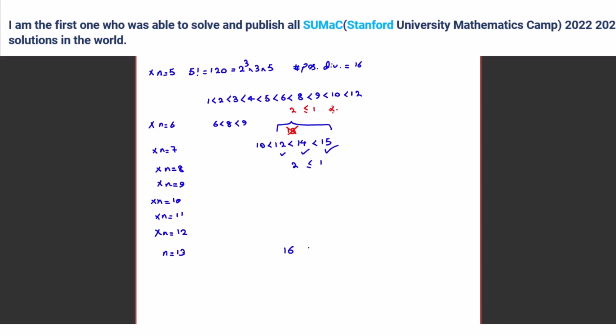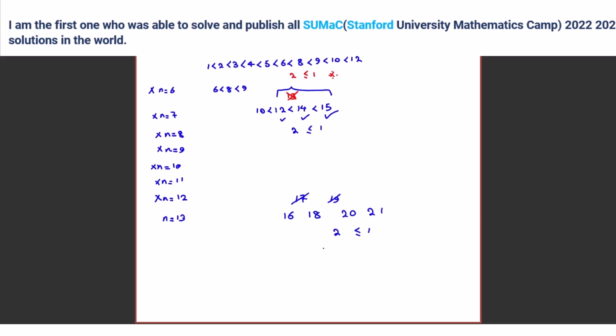We don't have 17. We have 18. But here our problem is 19, right? We don't have 19. Let's keep writing. Here the difference is 2, the difference here is 1 because of 19, right? Yeah.